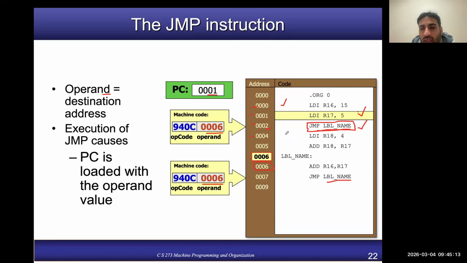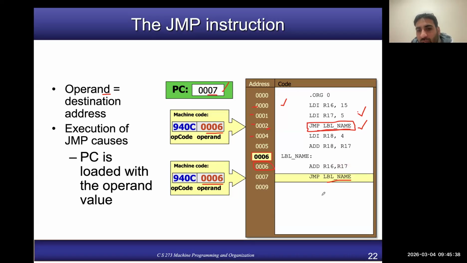So the point here is that the jump instruction will simply cause the destination address to be copied into the PC, and this is how the PC is updated. After that, the next instruction that will be executed is the one at address 6, which is add R16 R17. After that, PC is incremented by 1. So now we are at the next instruction, which is again a jump, right?